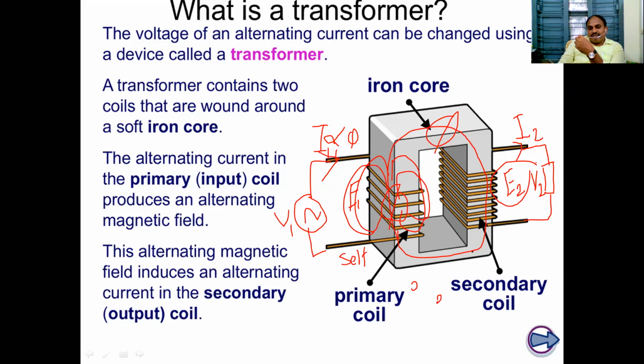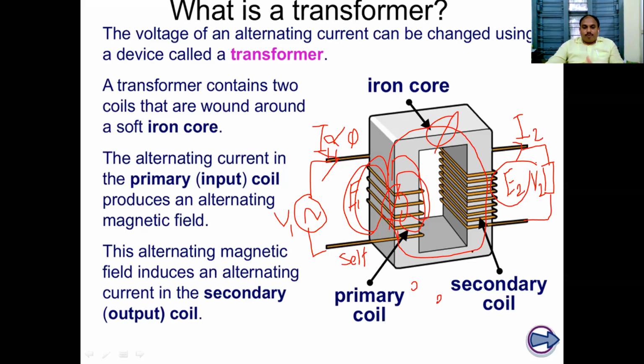So here energy is converted from electrical to magnetic and magnetic to electrical. In case of a generator, mechanical energy is converted into electrical energy. In case of a DC motor, electrical energy is converted into mechanical energy. In both cases the medium is flux. Here also, electrical energy is converted into magnetic energy and magnetic energy into electrical energy.